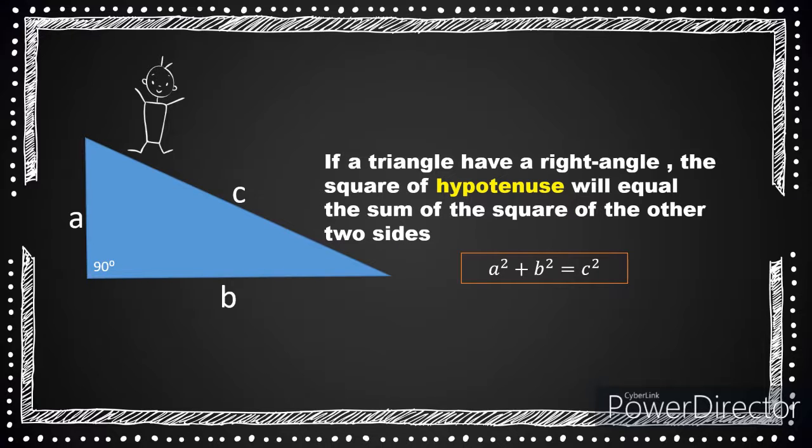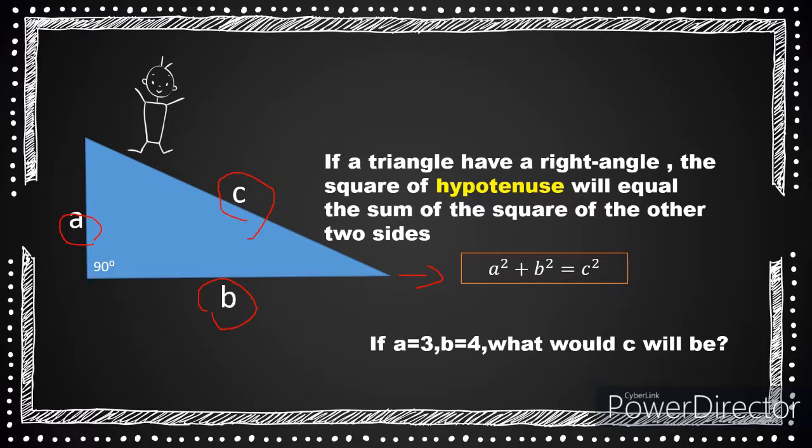Look at this. We have a, b, c, 3 sides like here. So we'll get the equation a squared plus b squared equals c squared. And we have a question, which we can try to use the Pythagoras theorem to solve.